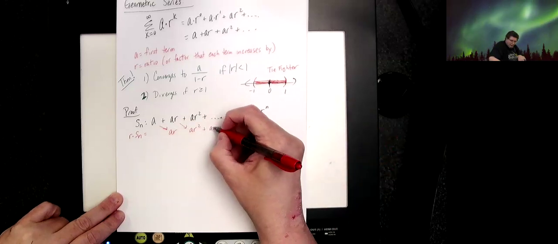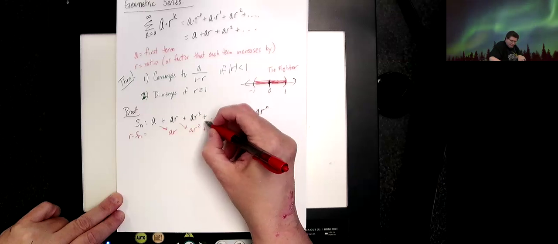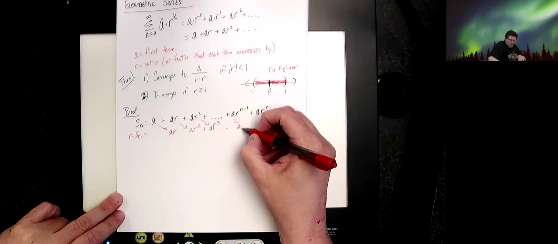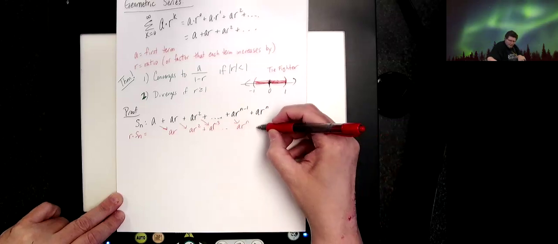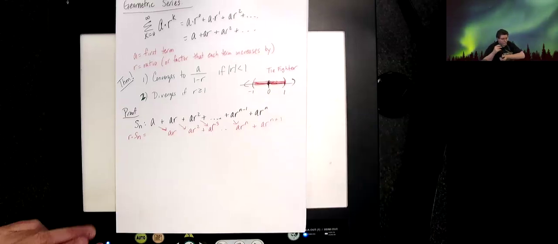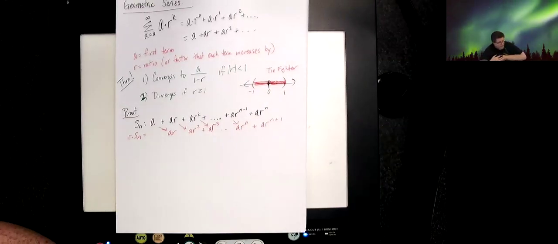We've got an ar cubed for that one there. This one is turning into ar to the n, and this is turning into ar to the n plus one. We did this earlier by multiplying by 2. Well, now I'm multiplying by r, because 2 was the common thing in the previous one, and r is the common thing here.